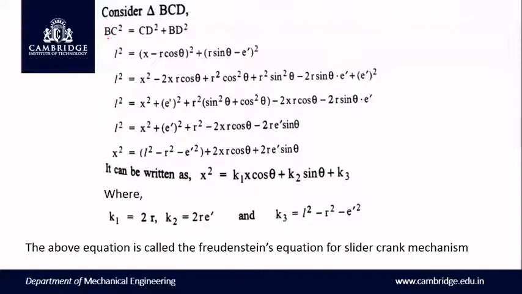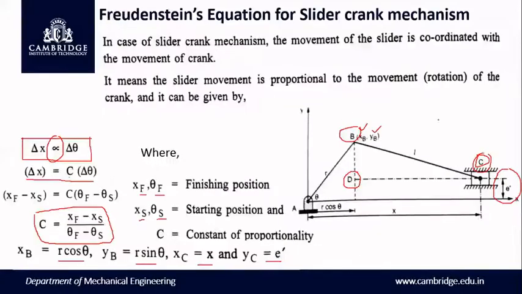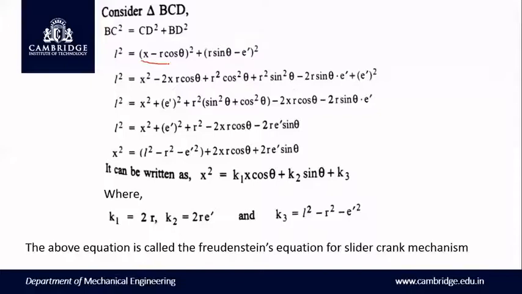From the notation we know that BC is the connecting rod, so let L be the notation. L square is equal to, CD is the distance x minus r cos theta, and BC is L, so we write x minus r cos theta.